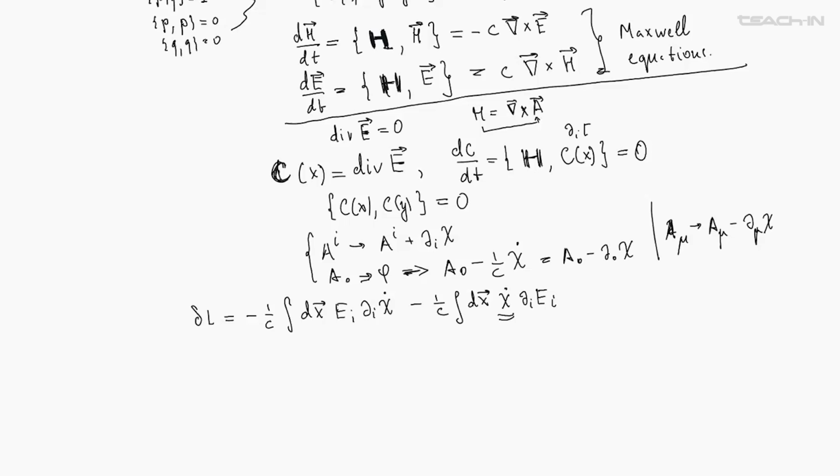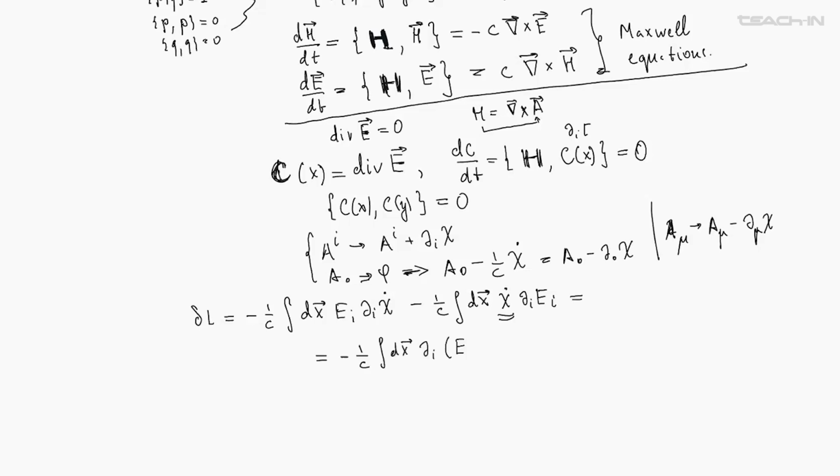And then you see that these terms combine together into a total derivative, 1/c integral dx d_i E_i chi dot.